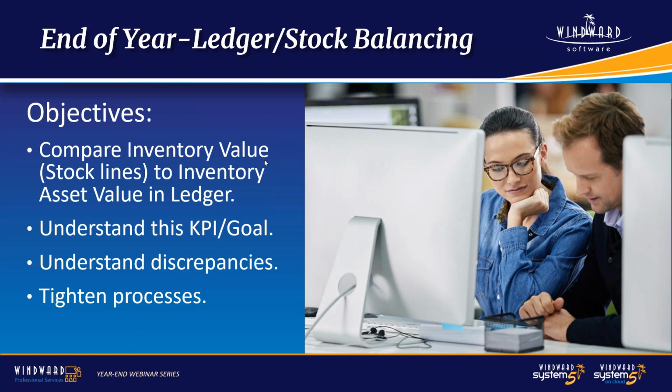The objectives for today's conversation are first to compare your inventory value report or your stock lines, so how many of something I have multiplied by the cost, to the ledger value for inventory, usually the 1200 ledger account, and understand why these two values have a discrepancy. They normally do.